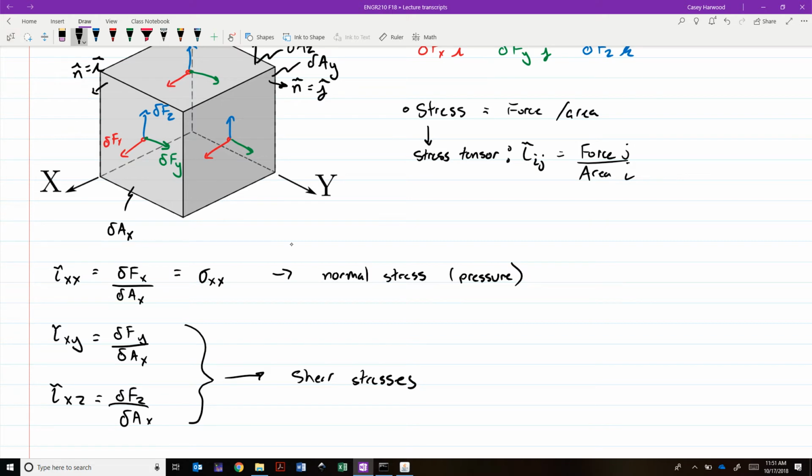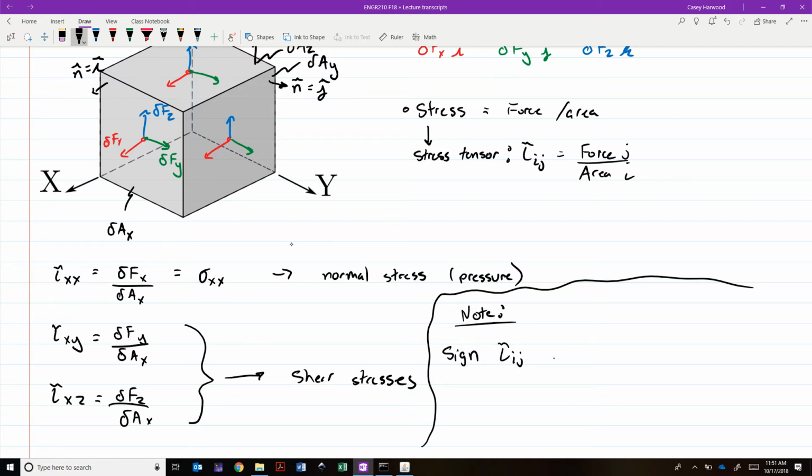A few notes, or important things to remember when we're talking about stress tensors. The sign of tau ij is going to be equal to the sign of Fj times the sign of the normal unit vector i.